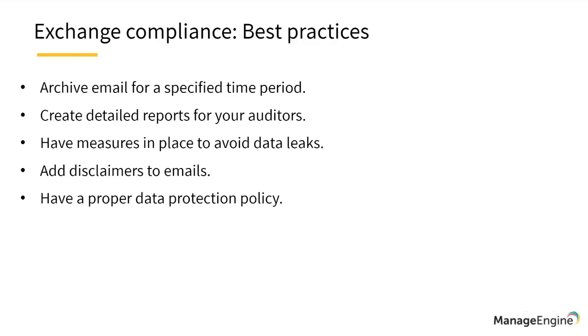This is going to be especially important if any kind of information is going to be transmitted insecurely, because you need to have a data protection policy in place to decide that certain information is not transmitted insecurely, right? And by transmitted, I'm of course referring to emails, because we are primarily focused on Exchange today. So these are a bunch of best practices that I believe would help you out a little.